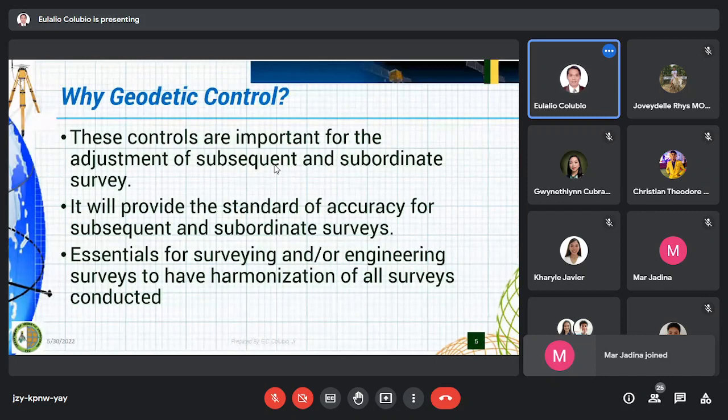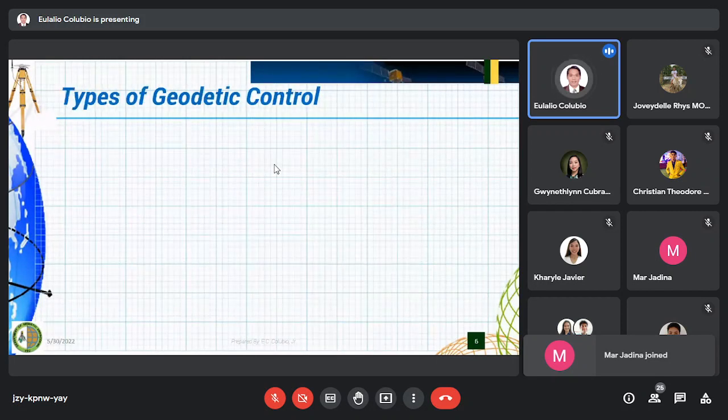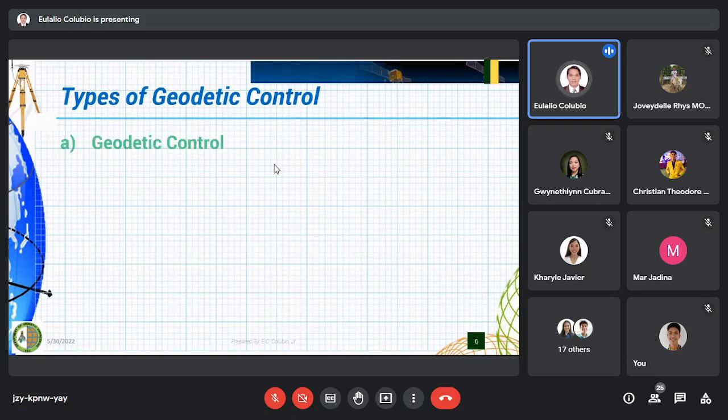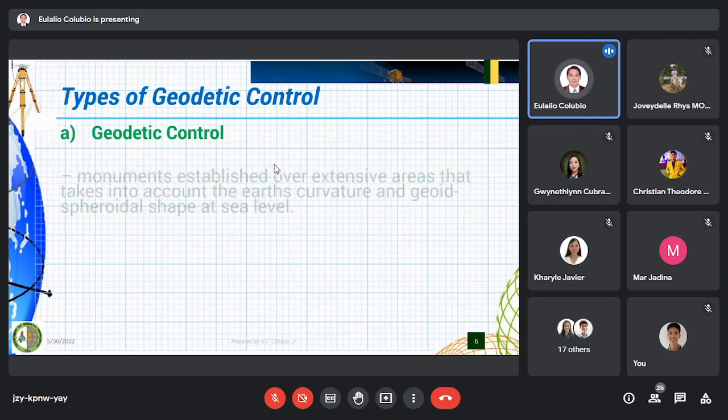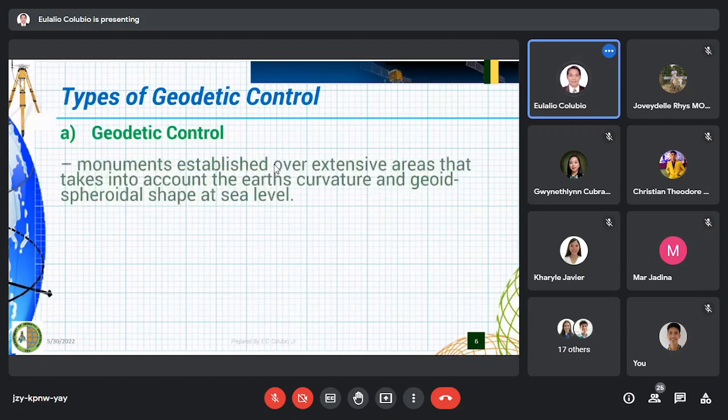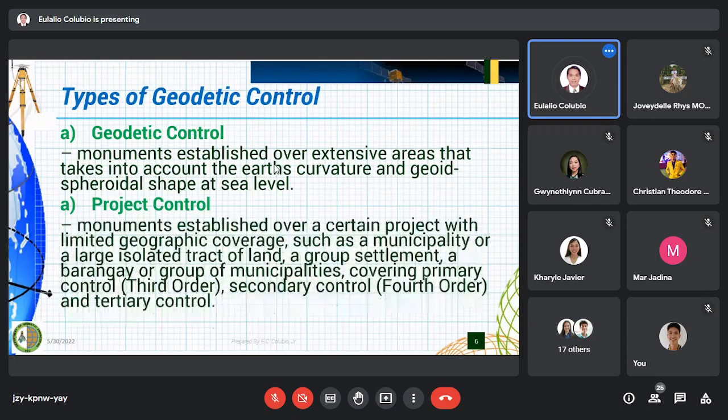All right. So what are the types of geodetic control? I have mentioned earlier that there are two. One is the geodetic control and the second is the project control. So what's the difference between the two? Okay, they are still called geodetic control monuments or stations. The only difference is the extent or the scope of coverage of these monuments.